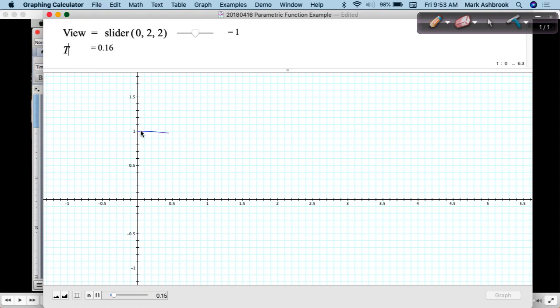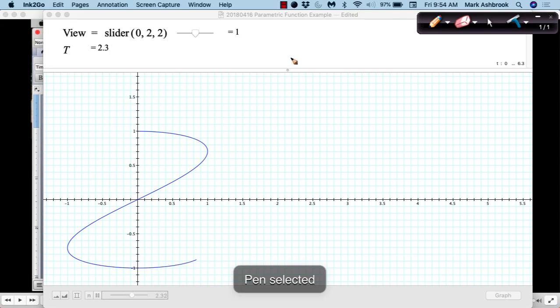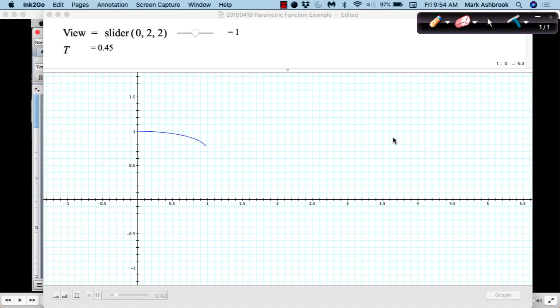So here's t is 0, 0.5, 1, 1.5, 2, 2.5, 3, and 3.5, and 4. So, is it a function? Is this a function? Says no. No, it's not a function. It's two functions.